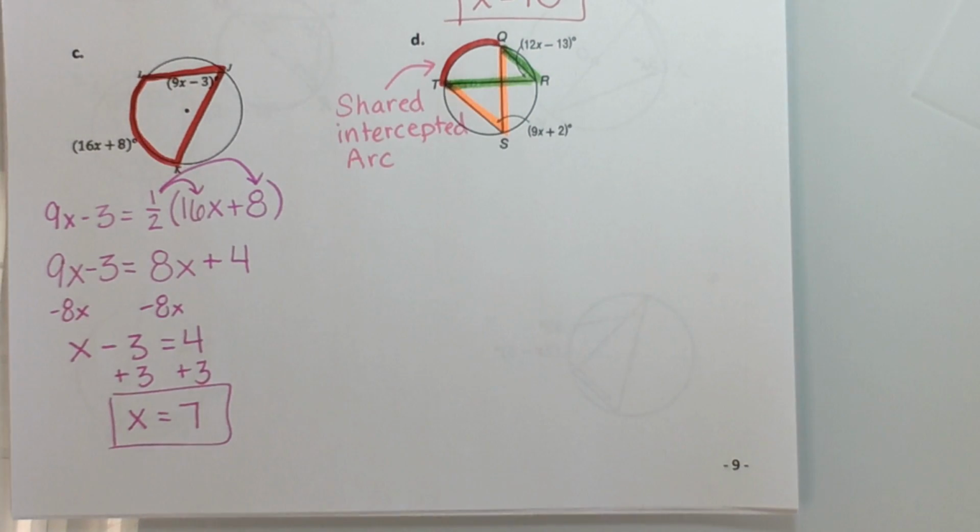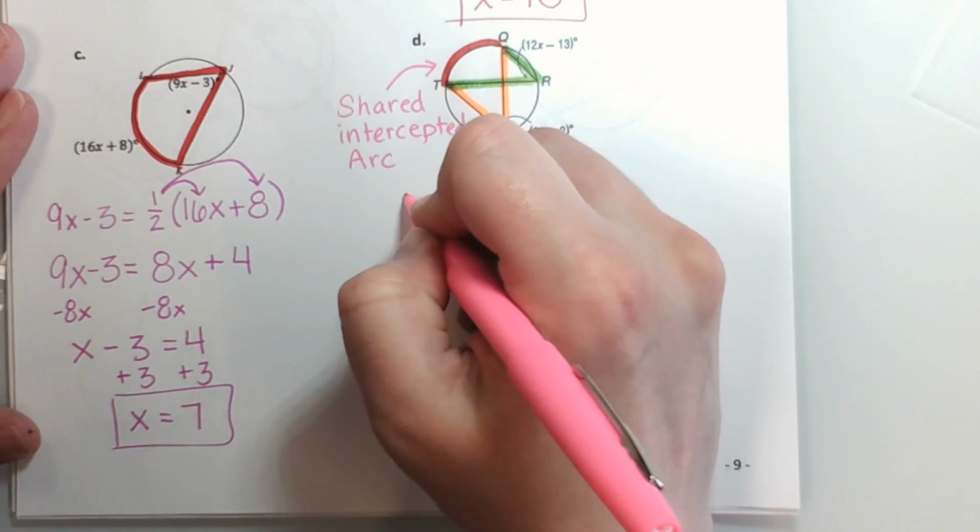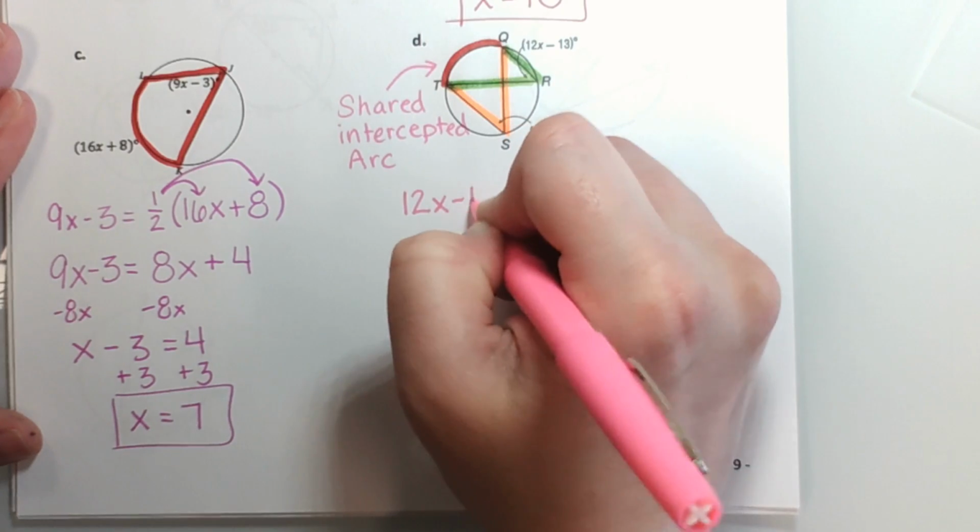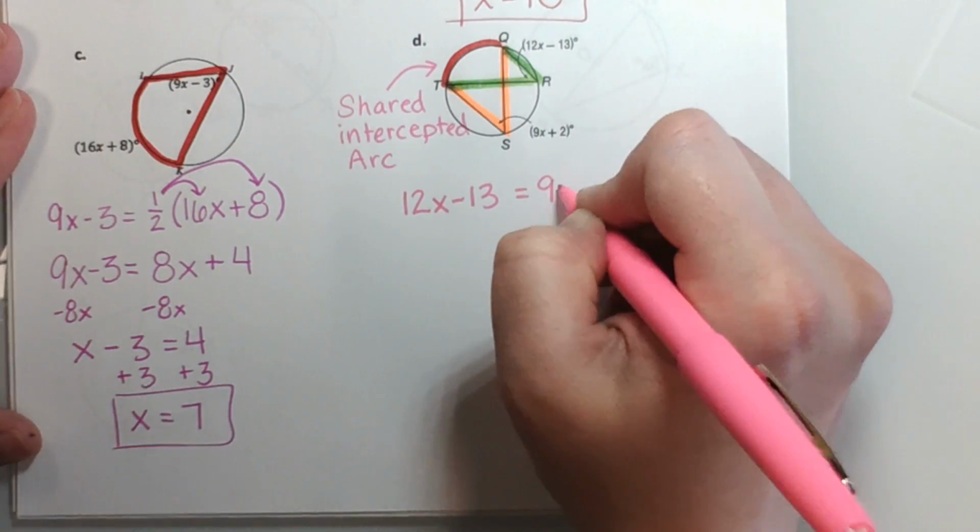When they share an intercepted arc, what does that mean about the angles? That they're going to be the same. They're equal. 12x minus 13 is equal to 9x plus 2.